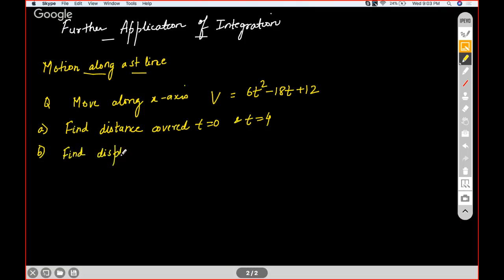Then find the displacement of the particle from t equal to 0 to 4. Tell me what to do in this case.